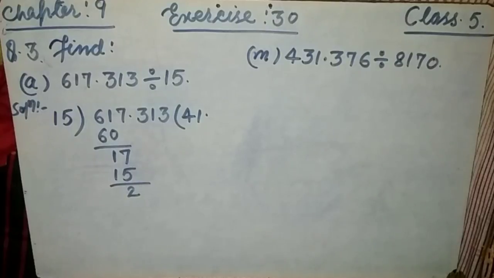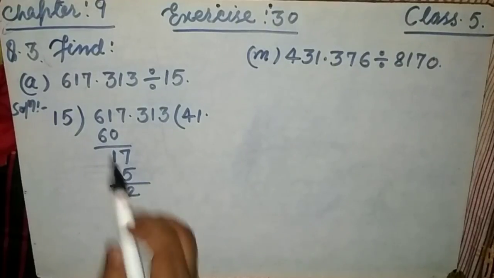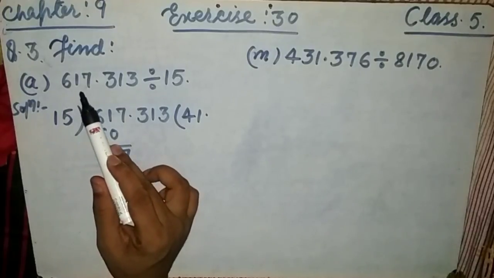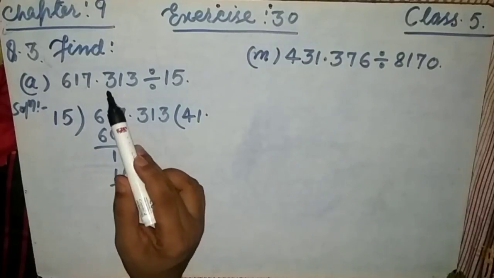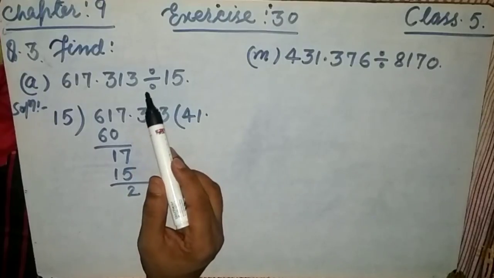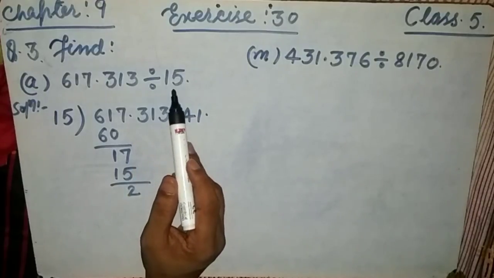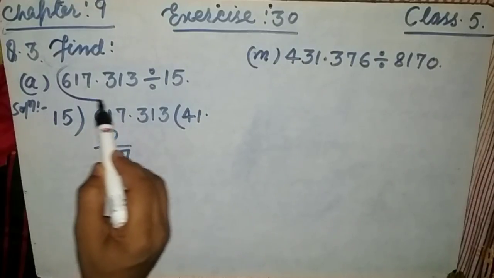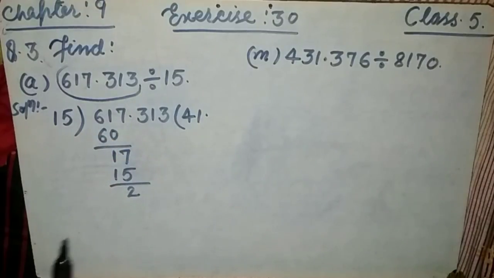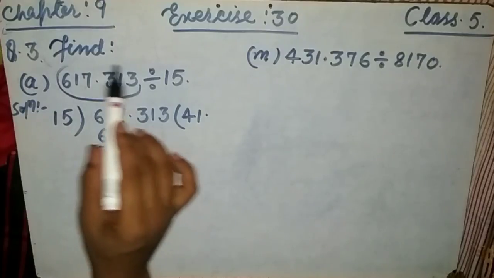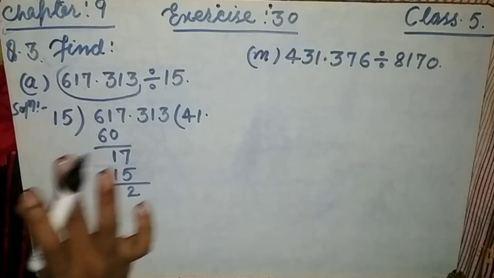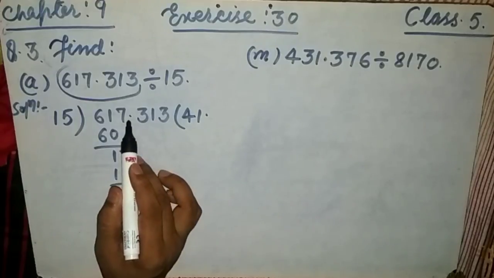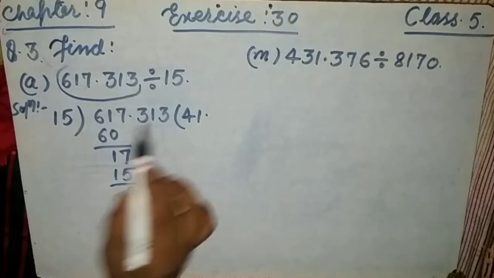Question A says find 617.313 divided by 15. First of all, friends, this is the dividend and this is the divisor, and we have to divide this dividend by this divisor. So we write 617.313 divided by 15.